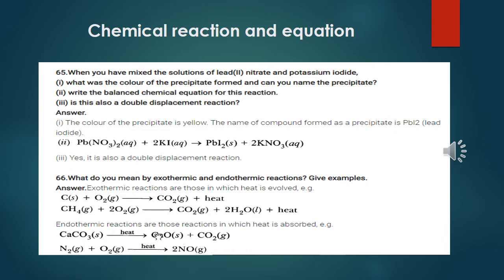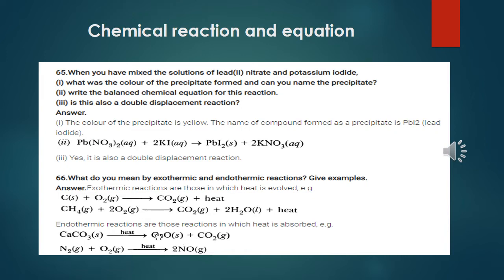And the next equation is methane burned in the presence of sufficient oxygen to form carbon dioxide, water and heat. In this reaction also heat is produced, so it is also an exothermic reaction example.